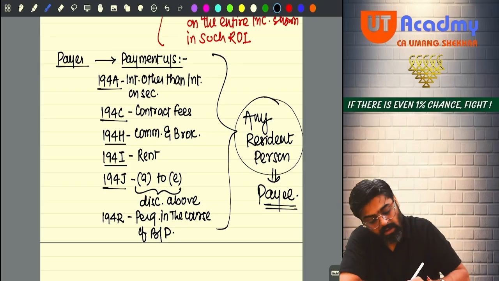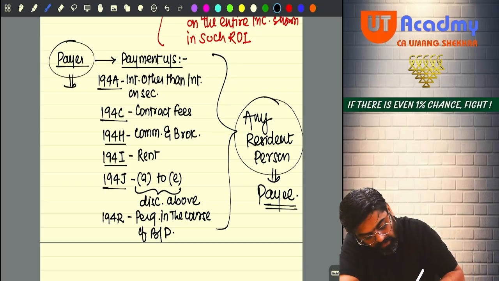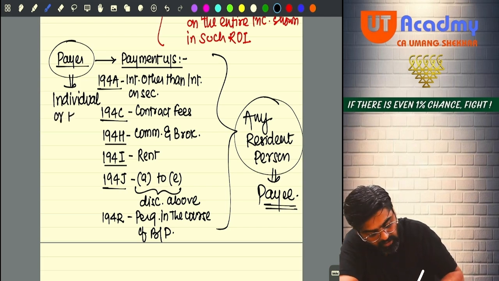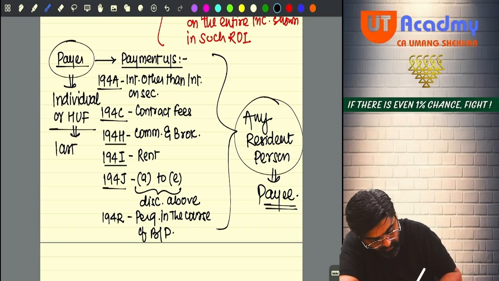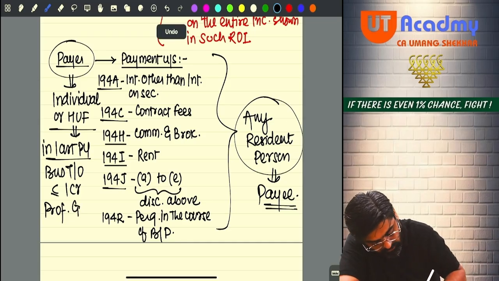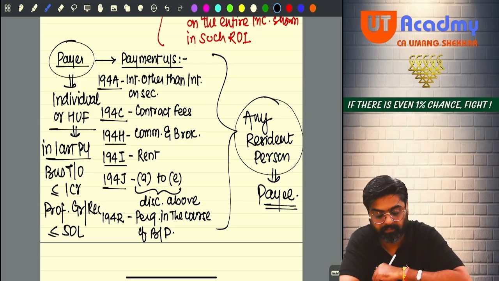But wait, if the payer is an individual or HUF whose, in the last previous year, business turnover did not exceed 1 crore and professional gross receipt did not exceed 50 lakhs.